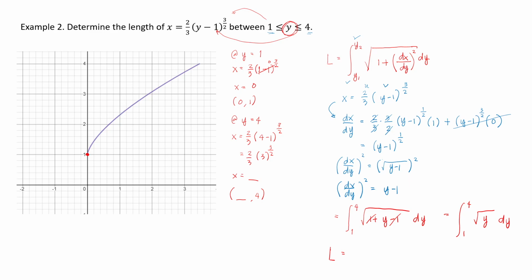So again, use your calculator to get the answer. So it's 14 over 3. So 14 over 3 units since it is just arc length.